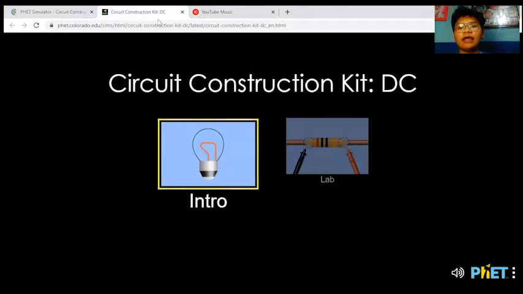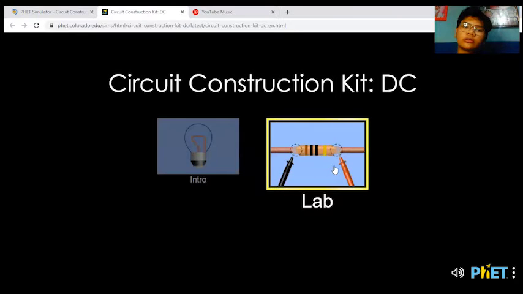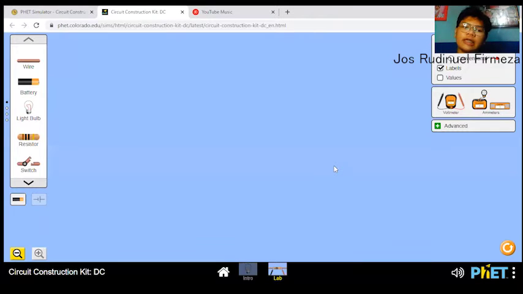After it is loaded, they will see intro and lab. For this laboratory experiment, we will be using the lab. So click for lab, and the group can now start running their data.